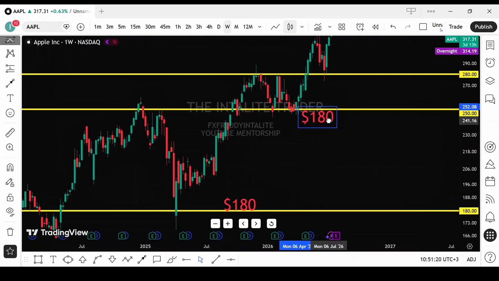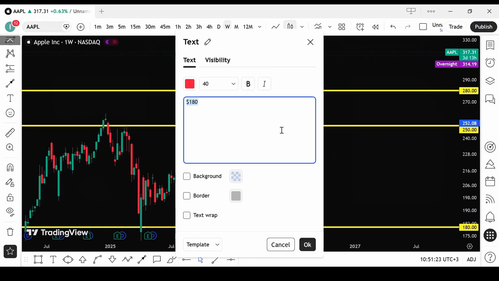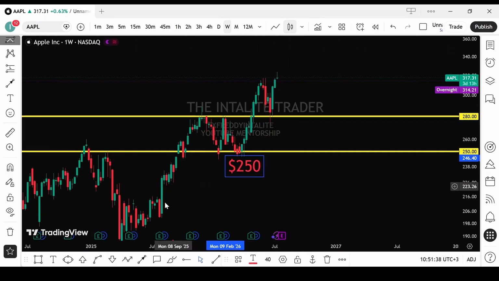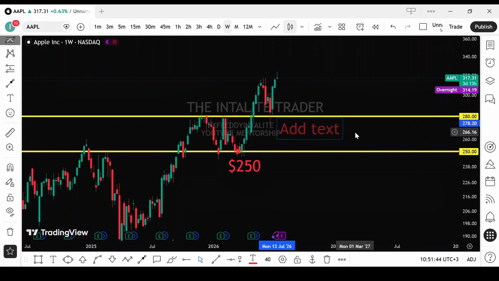Then here we have price respecting the 250 price level, and then we have price respecting here the 280 price level.